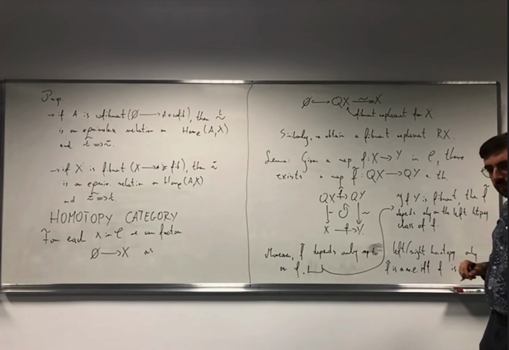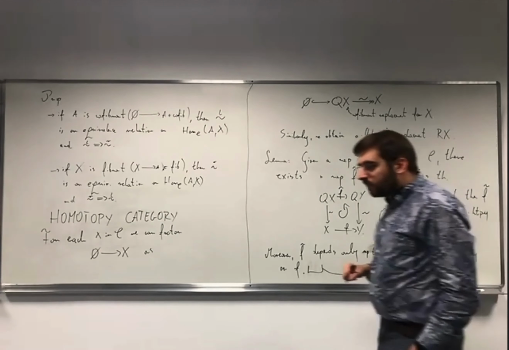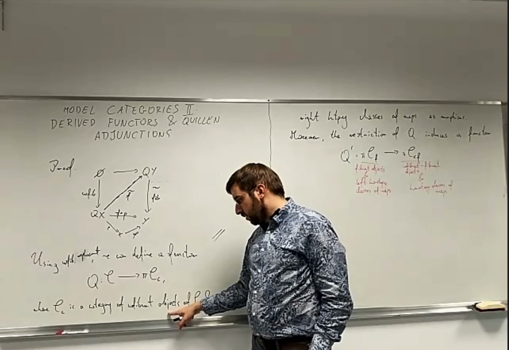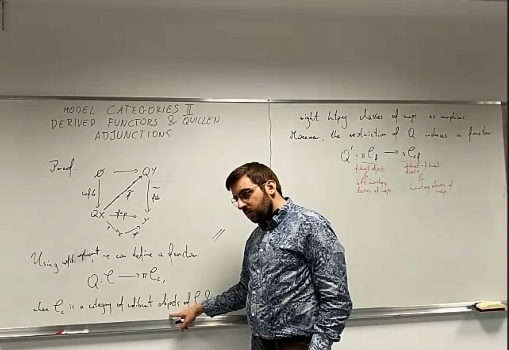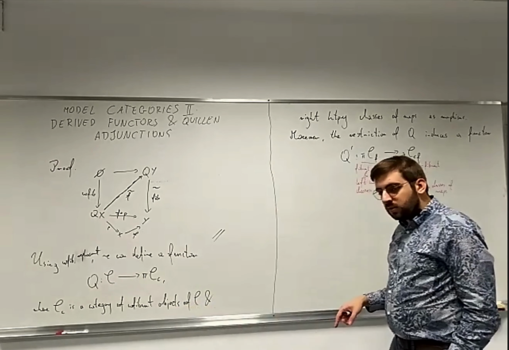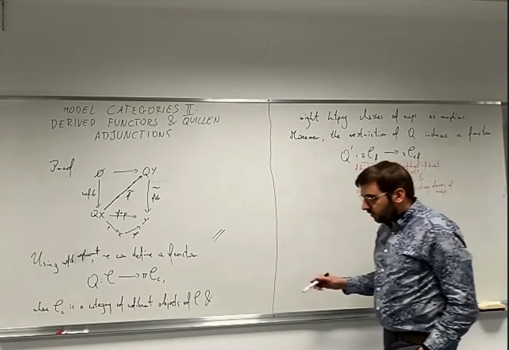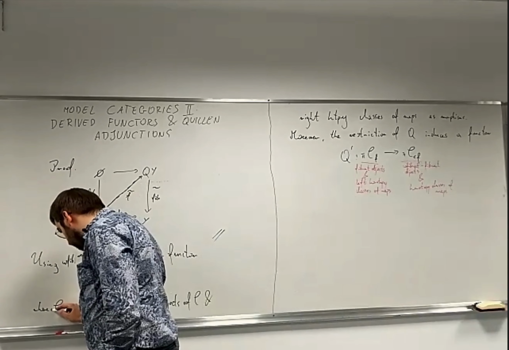You mean by CC, right? Yes, CC is a category of cofibrant objects and right homotopy classes. Yes, sorry, you're right. So this should be pi of CC.